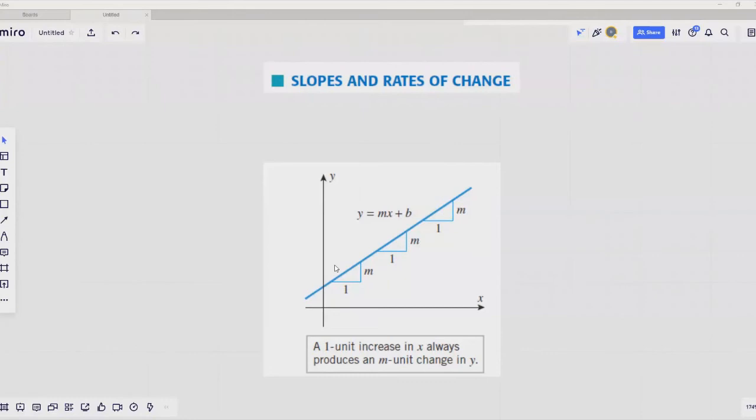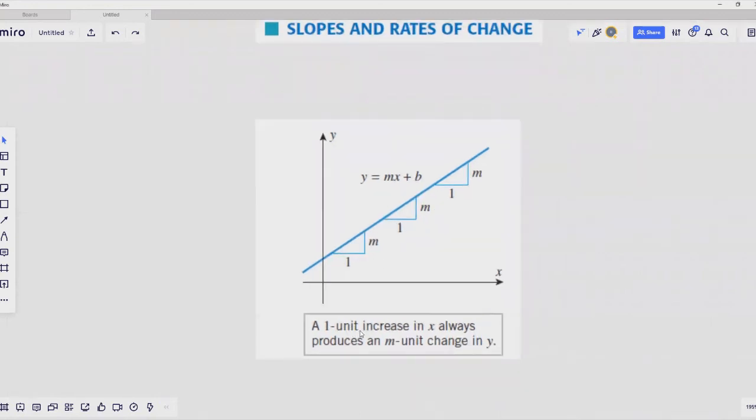Now let's define what we mean by rate of change of y with respect to x. In the case when we are working with a simple linear function y equals mx plus b, like in this graph we have here, one unit increase in x always produces an m unit change in y.